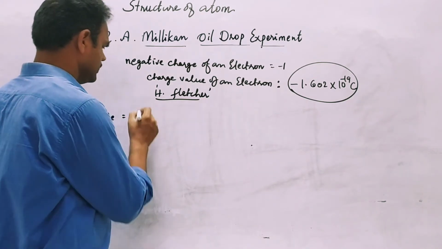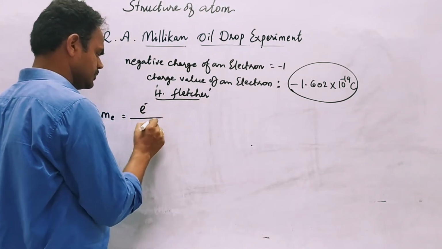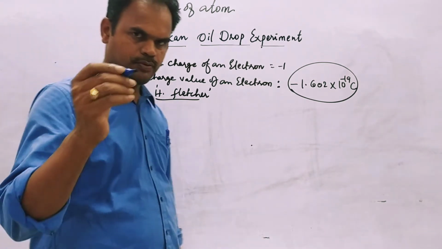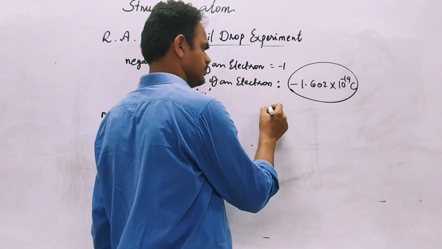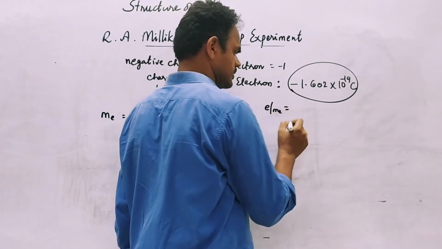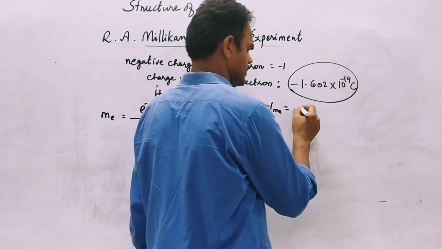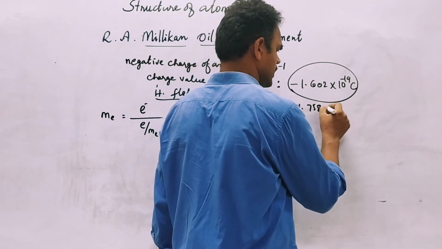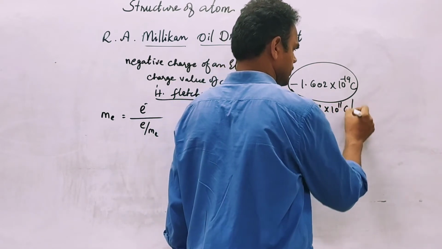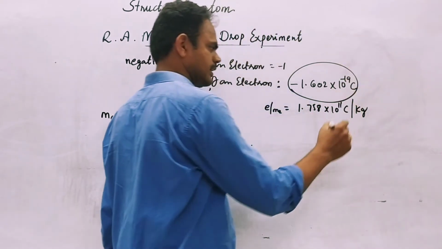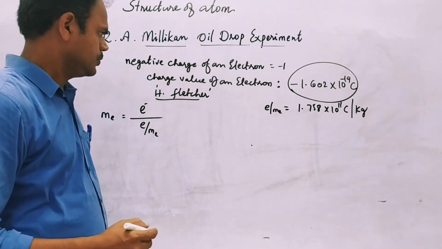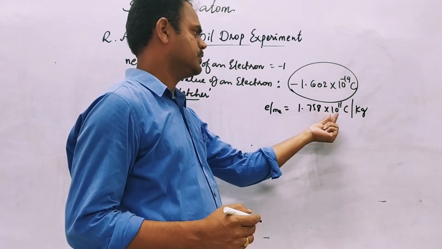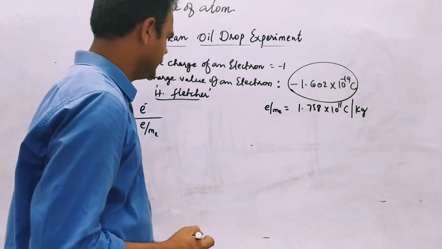How can we calculate it? Using the charge to mass ratio of an electron. As you have studied about charge to mass ratio of electron in atomic structure, proposed by J. Thomson, the value he calculated was -1.758 into 10 to the power of 11 coulomb per kg.